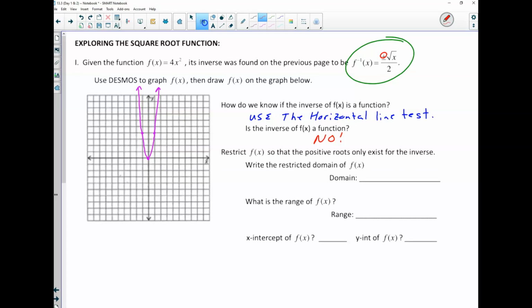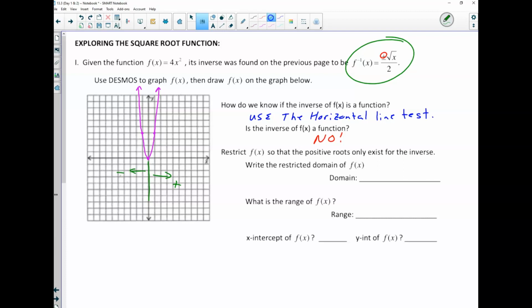We're going to restrict the domain so it's only outputting the positive roots. What that does is look at our vertex, and we're going to cut half of that parabola off. The easiest way to think about this is I can split my parabola right there. This side is the positive half. This side is the negative half.